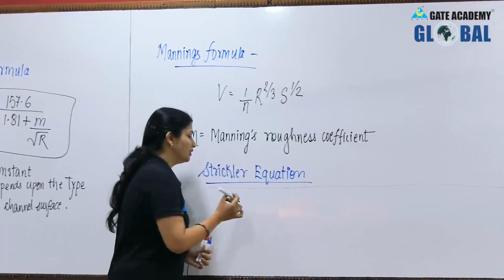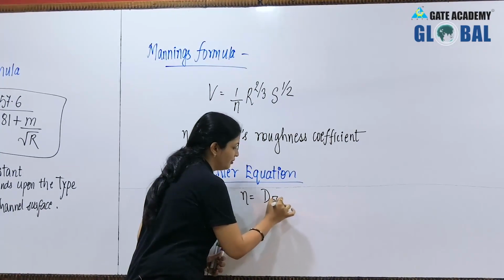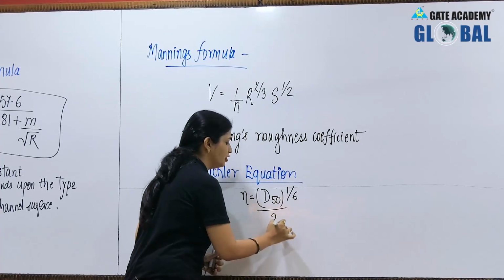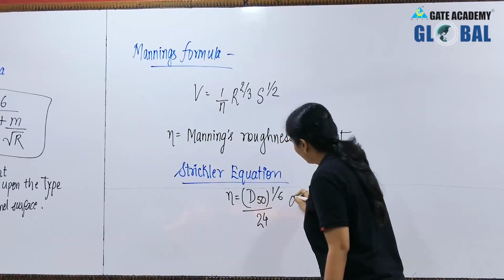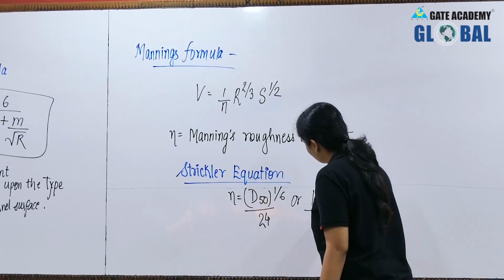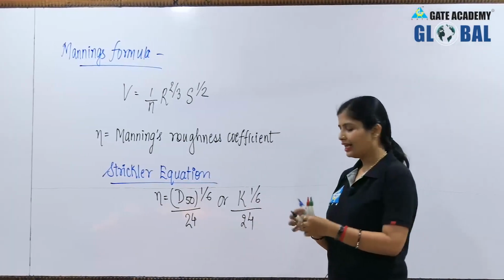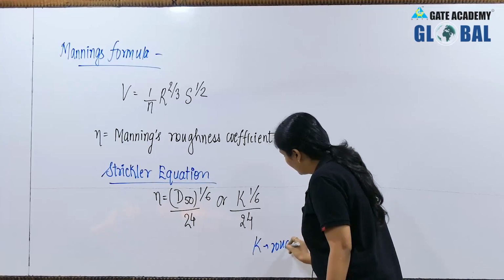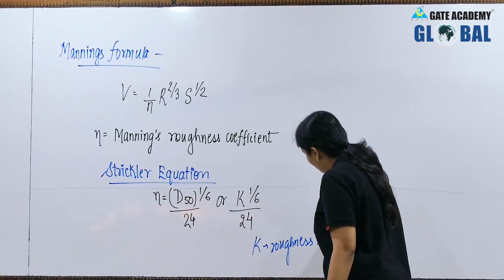The n is equal to d50 to the power 1/6 divided by 24, or you can write k to the power 1/6 divided by 24. Now what is this k? K is basically your roughness height.